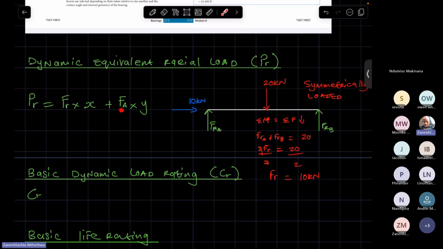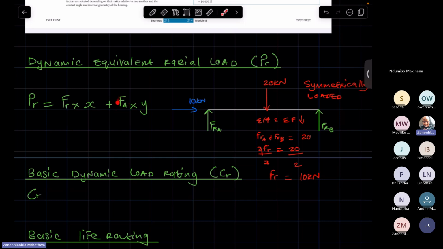Similarly with the axial support, this represents the axial support at each bearing, right? So we established that each bearing will support 5 kilonewtons of the 10 kilonewtons that the shaft is being subjected to axially. So here, you wouldn't substitute the 10 kilonewtons, because the 10 kilonewtons represents the load that the shaft is being subjected to.